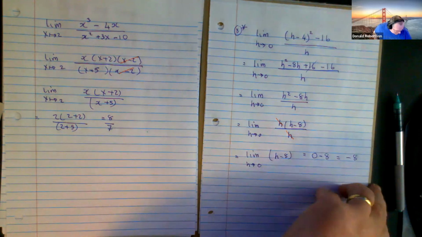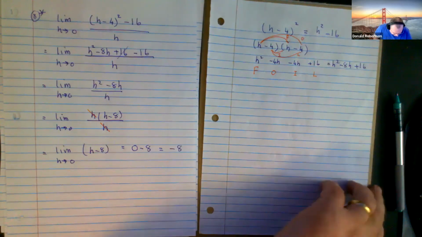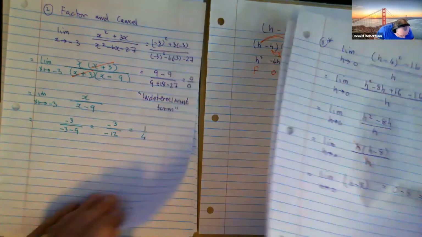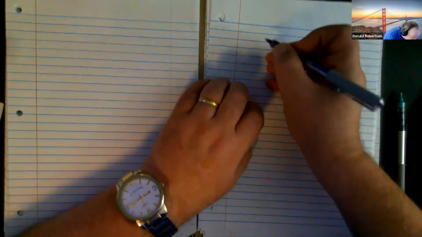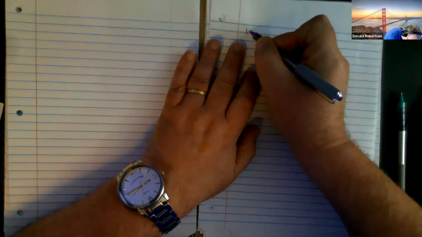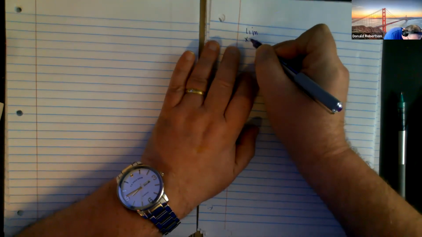Right. Then for our last question today, I wasn't going to do this, but I decided I am. I'm going to give you one to try. So it is factor and cancel. I want you to factor and cancel. So find the limit using that method.